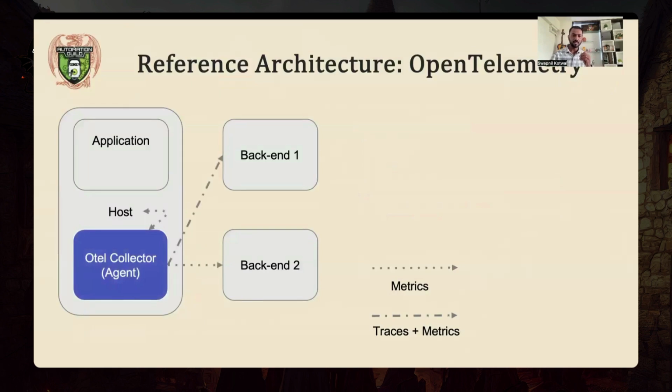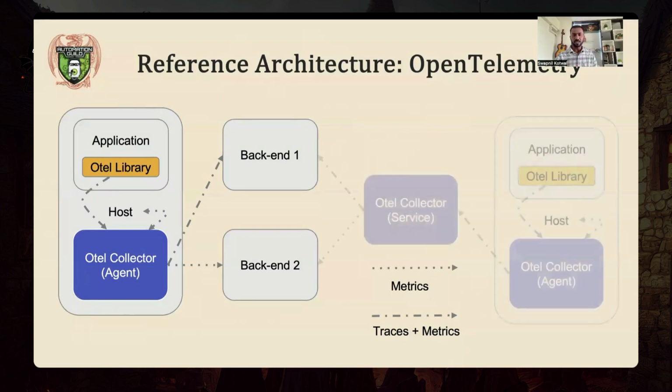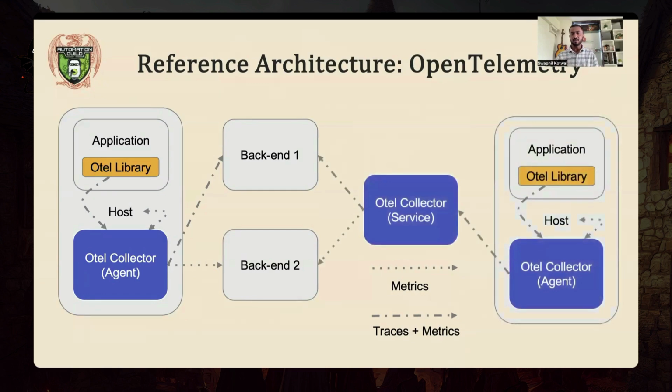This is basically your application. We deliver an agent, a jar in case you are using Java, which emits the traces that are collected by the OTel collector. The OTel collector is a kind of sidecar or agent running along with your application, which sends that data to the upper layer.